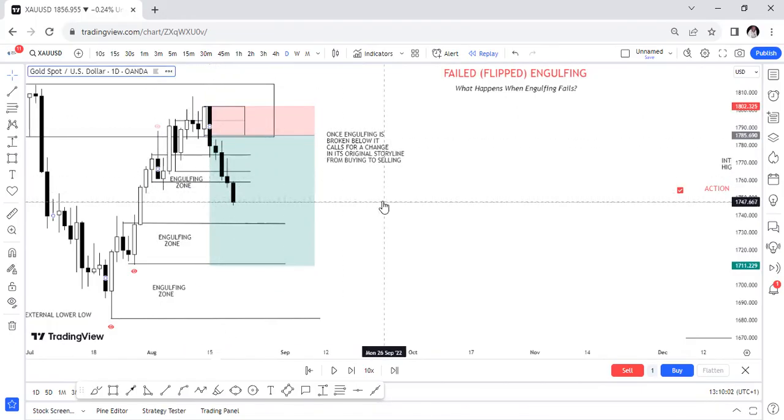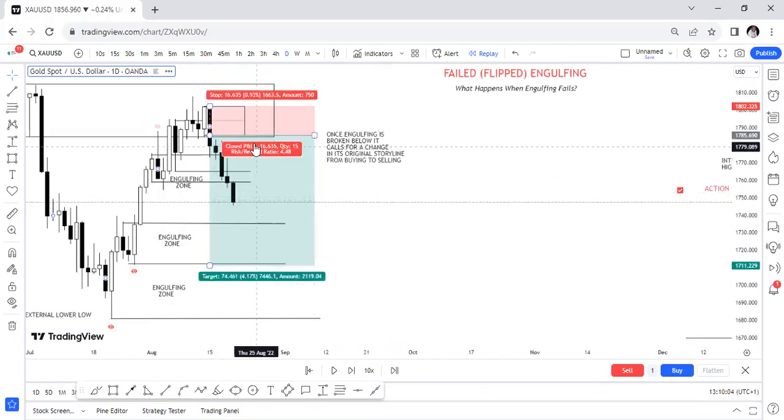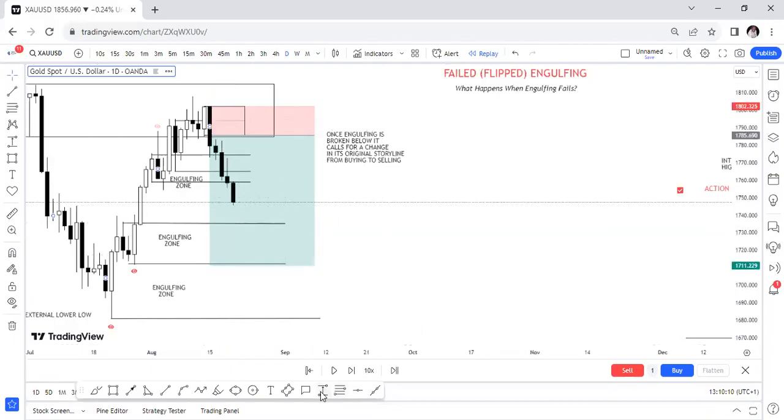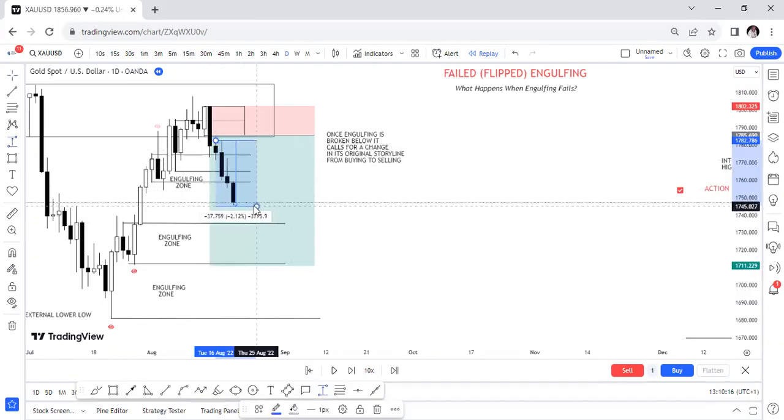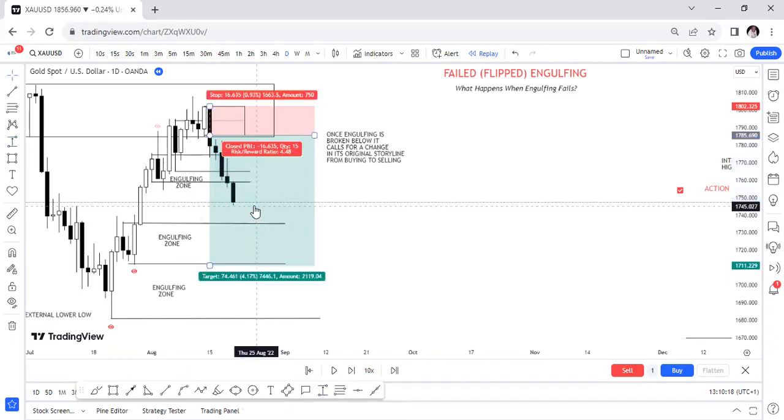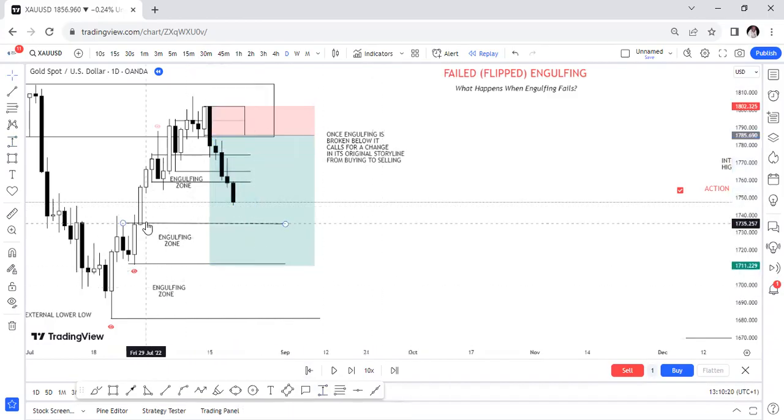This is the sell point, then this will be your stop loss. Then you are moving down with almost about 378 pips secured. That's how to sell into that change in market structure.